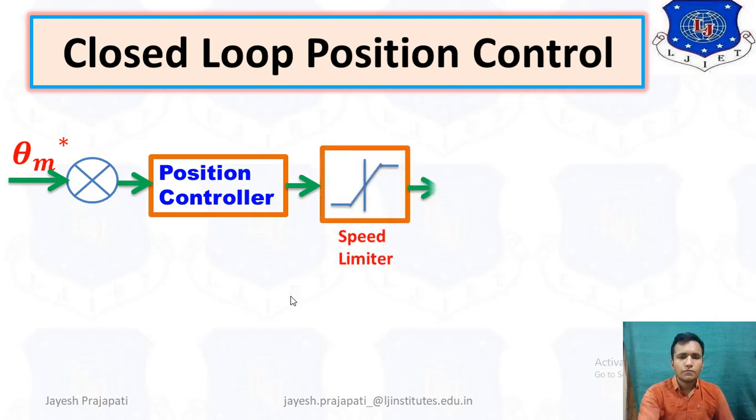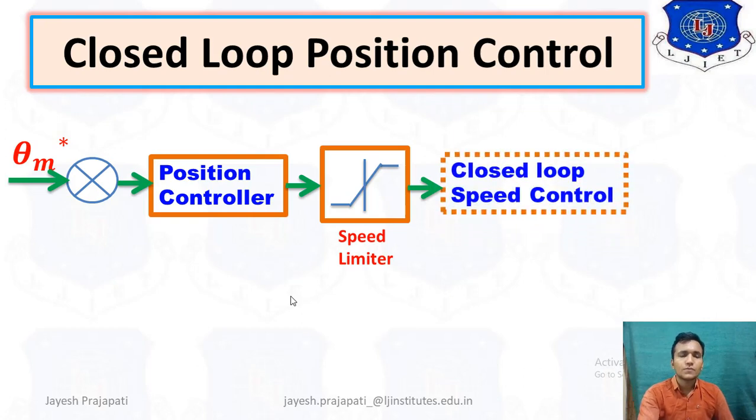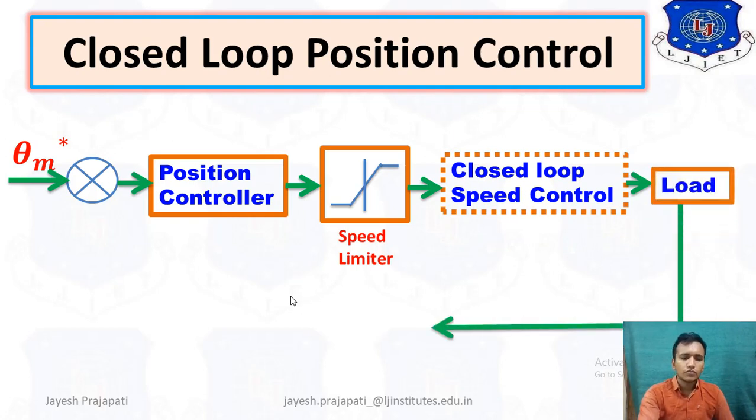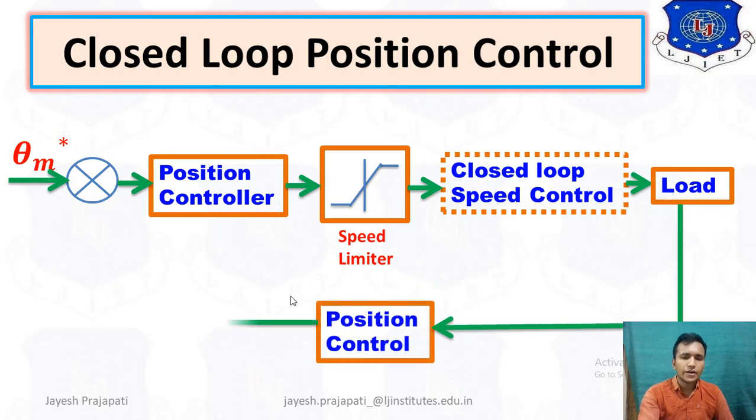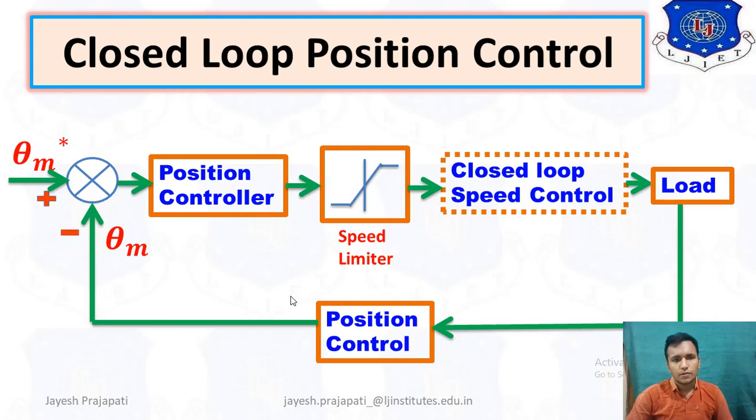Then we give to the inner loop, that is the closed loop speed controller. Then it is given to the load, and from the load we feed back the position theta m. That is the positive and negative terminal. So that is the actual block diagram of a closed loop position control system.